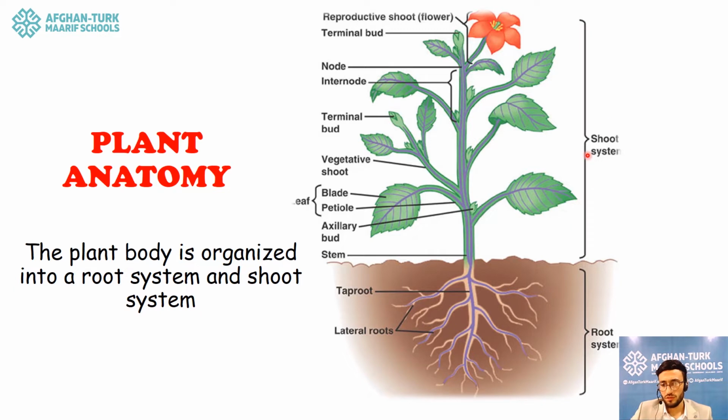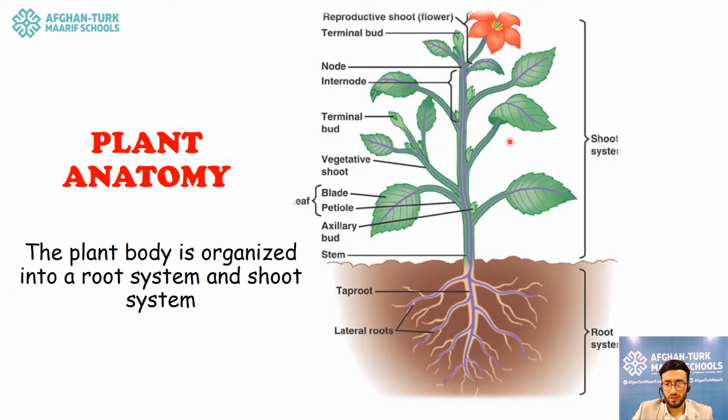But in the shoot system, from the top you can find the flower. The flower is also called the reproductive organ of the entire plant. This one is called a terminal bud, meaning the final bud. Also, this place here is called a node, and the place between two nodes is called an internode.